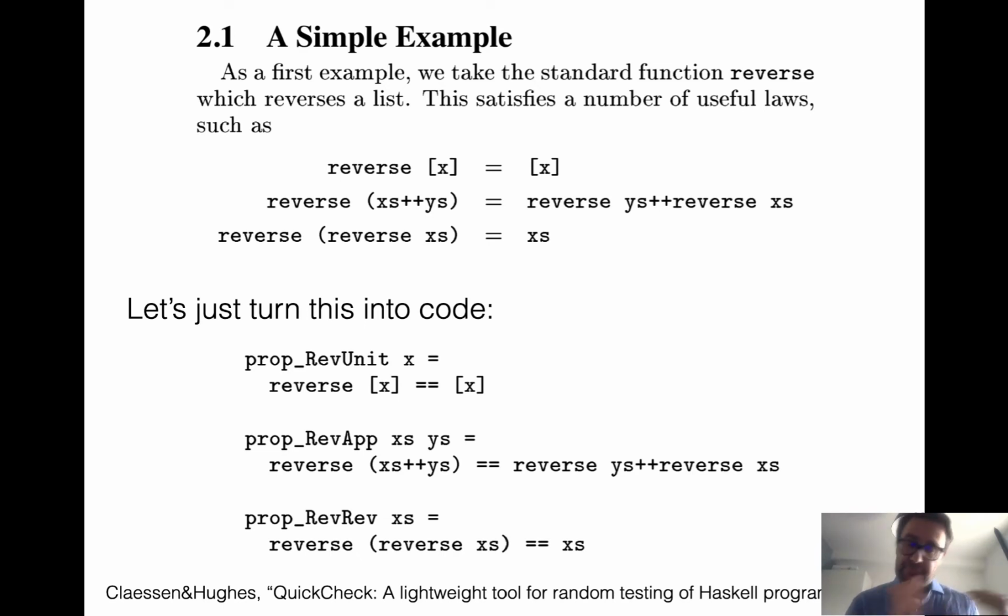So on the left side of the double equal sign, you have first concatenate the lists and then reverse them. And then on the right side of the double equal sign, you have reverse first ys, then reverse the xs, and then concatenate them. And then the double equal sign will check that we get the same thing when we do these two different things. So you see now the pattern.